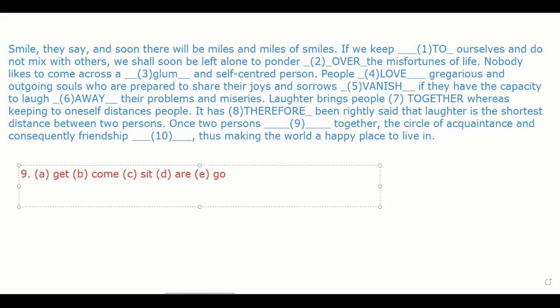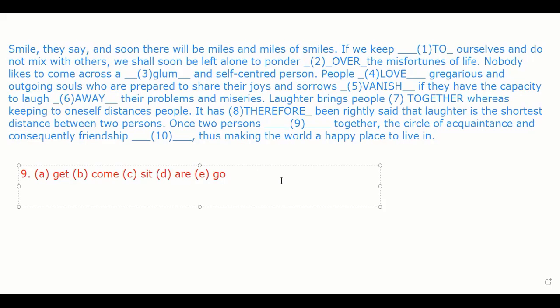Anyone who wants to explain this? Once two persons dash together, the circle of acquaintance and consecutive friendship dash, thus making the world a happy place to live in. Achintya says A, get, okay. Obviously, "are together" or "go together" cannot come.